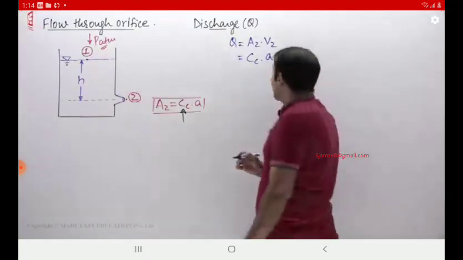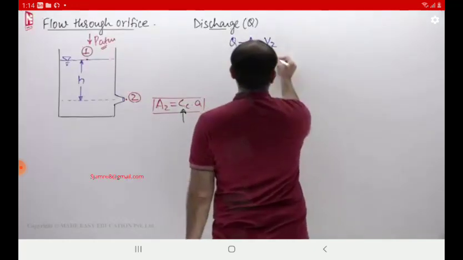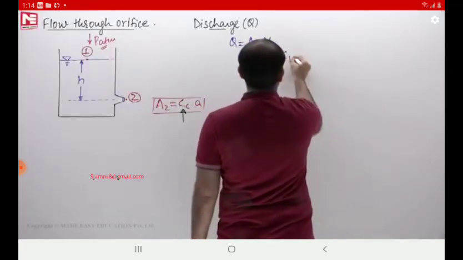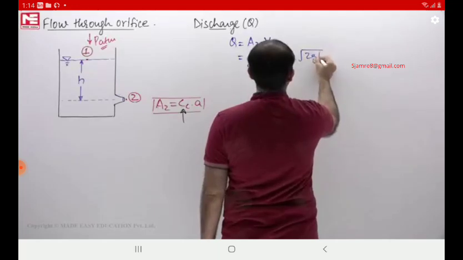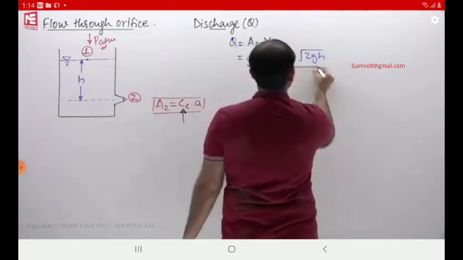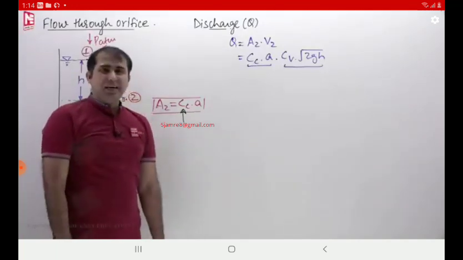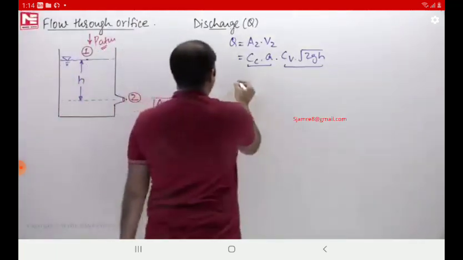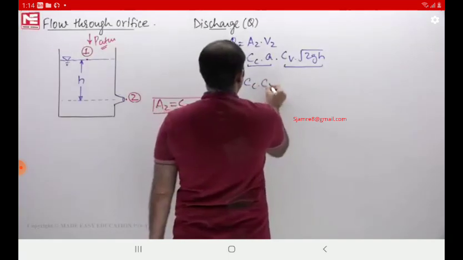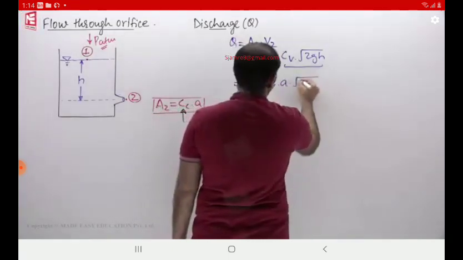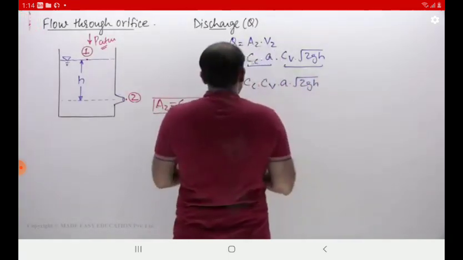Now the next one, this is V2. V2 is CV times root of 2GH. So from here, this becomes CC multiplied by CV multiplied by A multiplied by root of 2GH.